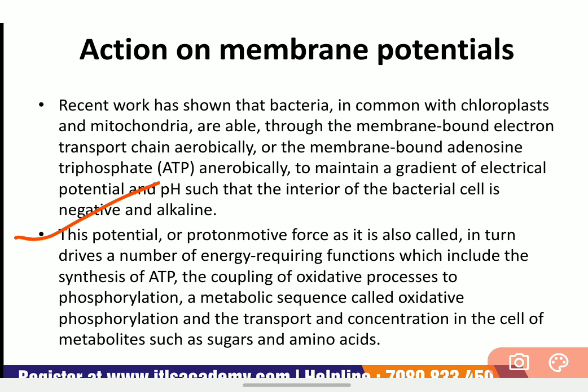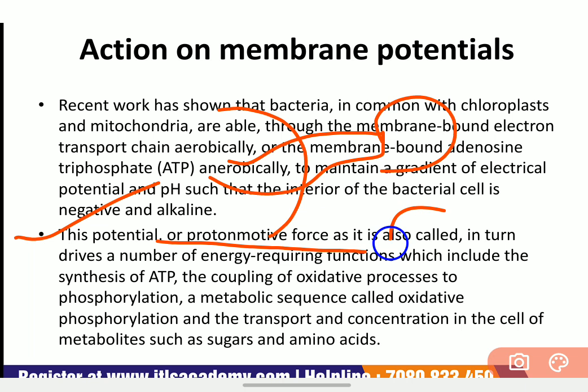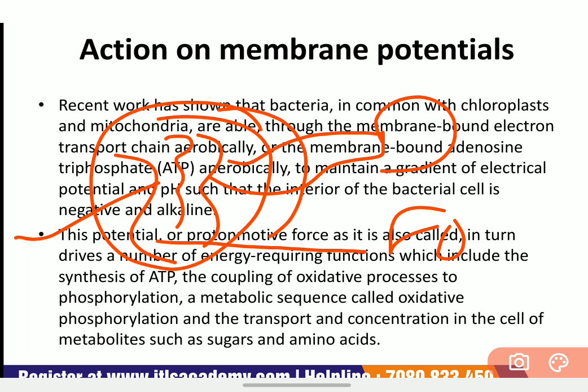This potential, or proton motive force, as we know that mitochondria have a particle that is known as F naught particle, and this is responsible for the ATP generation. ATP generation requires the movement of protons, and there is a proton gradient across the membrane, and this is known as proton motive force, which works by movement of the protons.